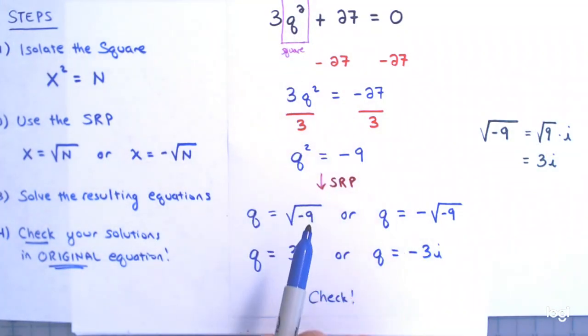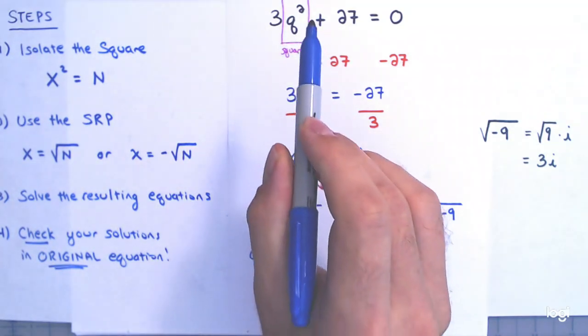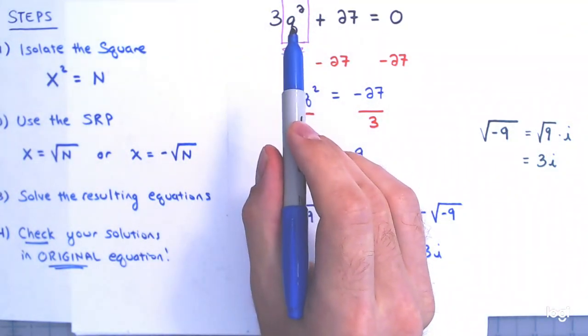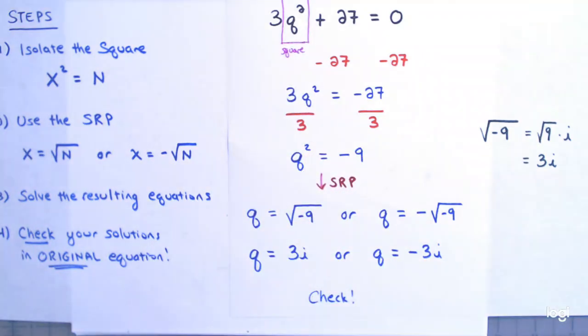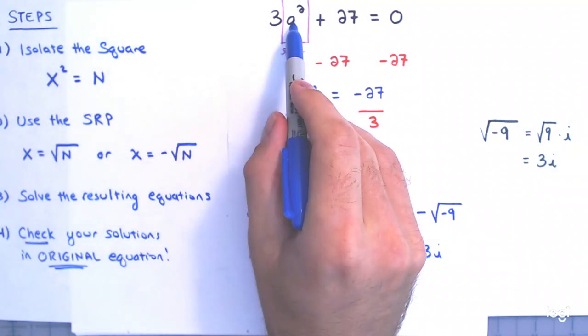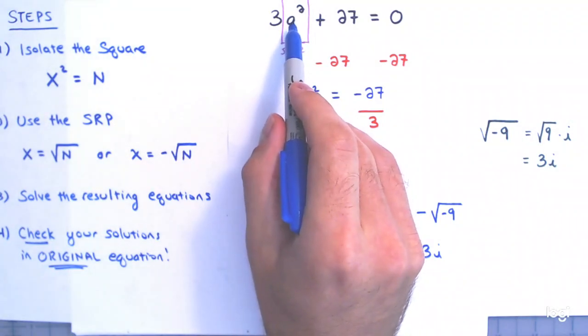All right, now I'll just say these out loud. If I take 3i and square it, 3i times 3i, that would be 9i squared. Now remember, whenever you hear i squared, that's -1. So when you take 3i and square it, that's -9, 9i squared, 9 times -1 is -9.